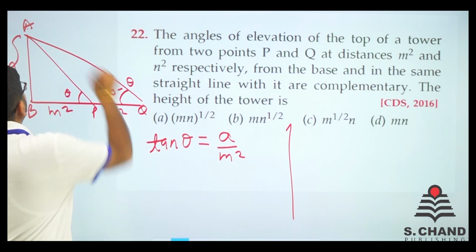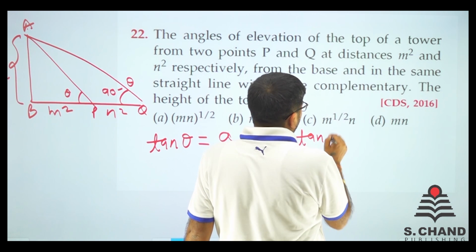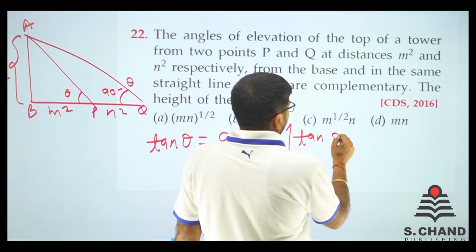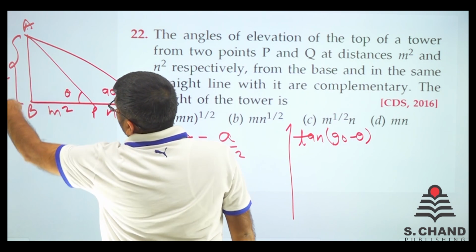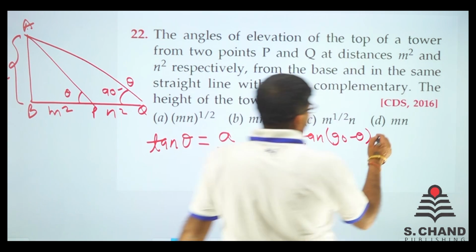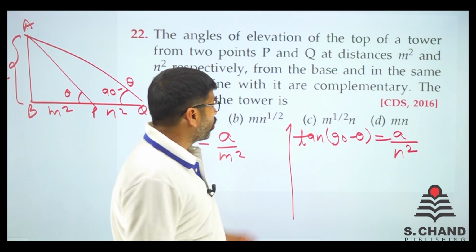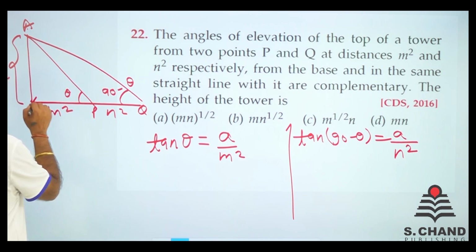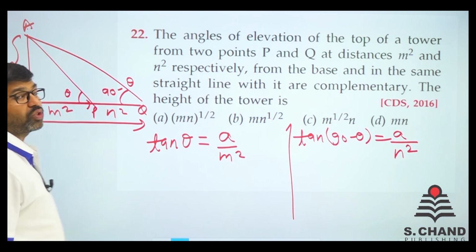And in the same way, tan 90 minus theta is AB, that is A by n square, right? Because this portion is m square and this portion is n square.